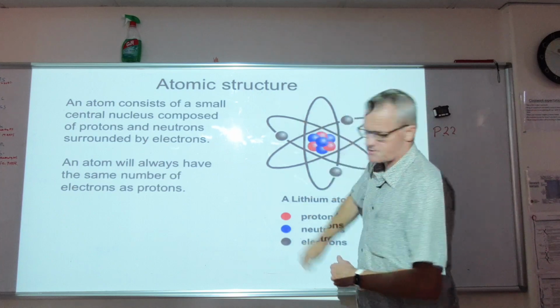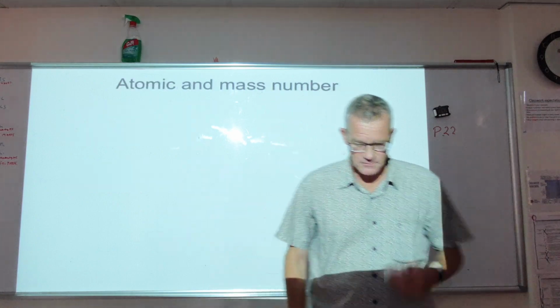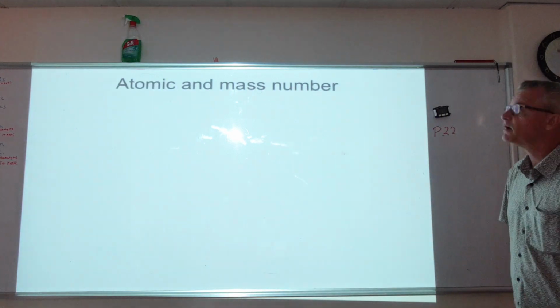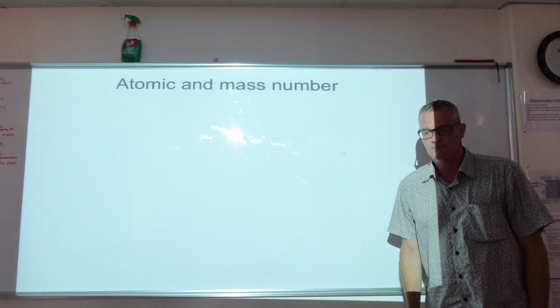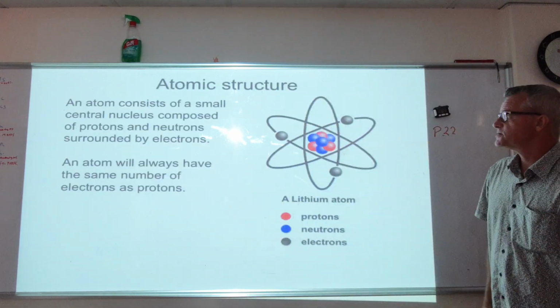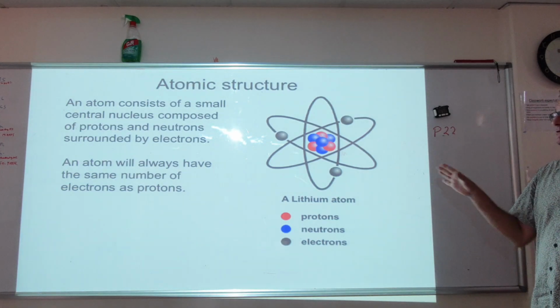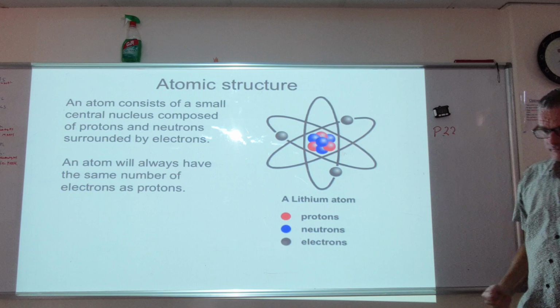Just as a small reminder. Now let's look at some properties of the subatomic particles. By the way, I will put it back for a moment, just so that you make some notes. Just pause the video, make a note, and then move on.